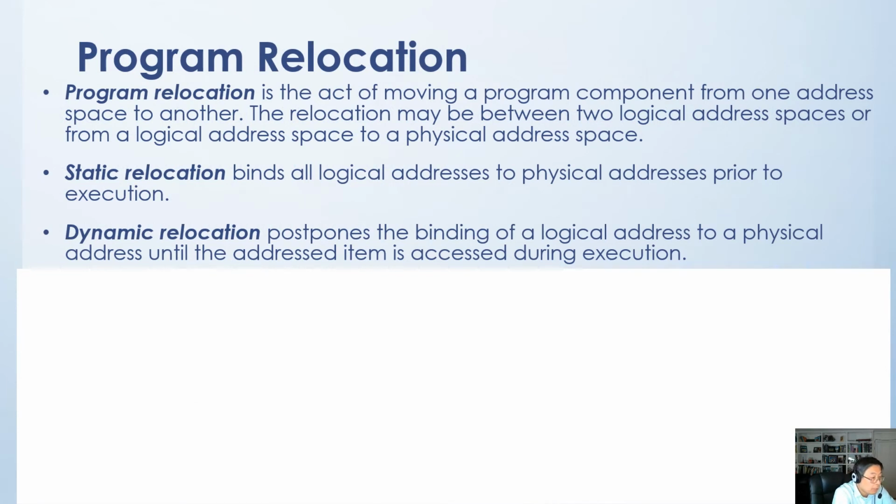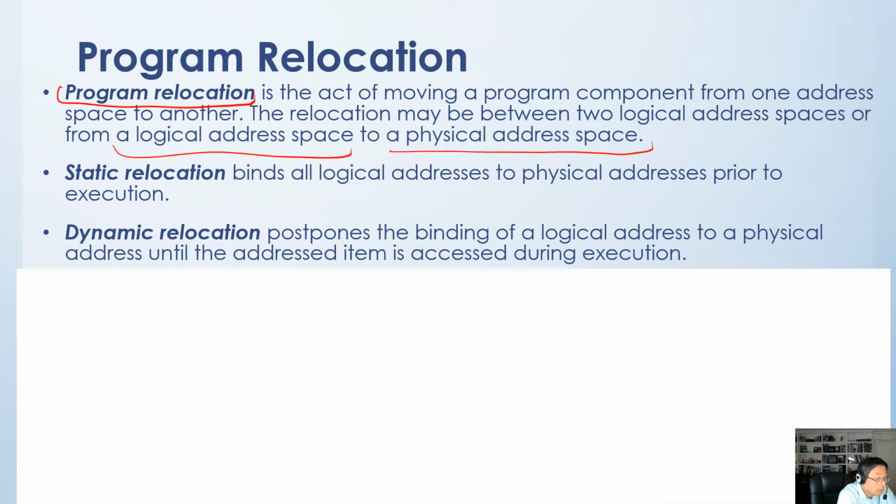During the program transformations, a program component may move from one address space to another. This is called program relocation. The relocation may be between two logical address spaces before the actual load, or from a logical address space to the physical address space during the actual load to the physical memory.